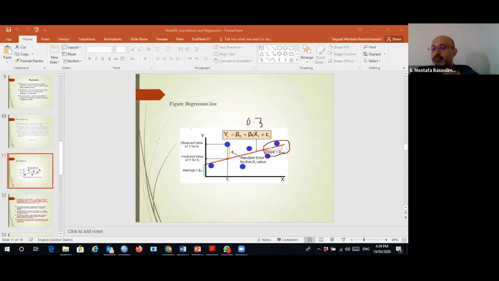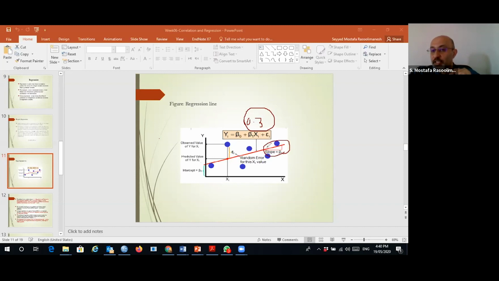If x increases 1, y will increase 0.3. If x increases 2, y increases 0.6. So this beta 1 is the slope of this line and shows the relationship between x and y.